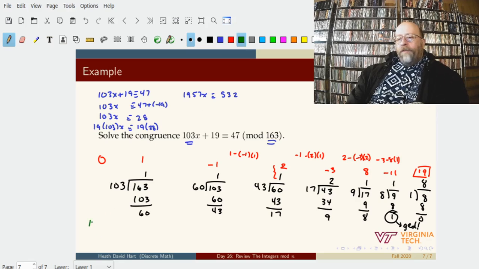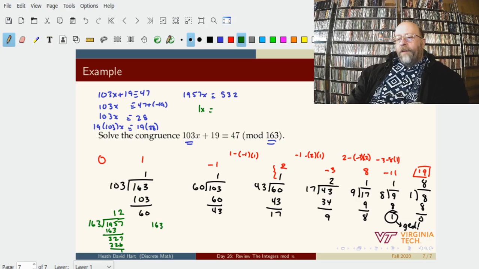Well, I do 163 into 1957. That goes one time and leaves me with 327, and then twice, 326 leaves me with a remainder of 1. And so this side is equivalent to just 1x.